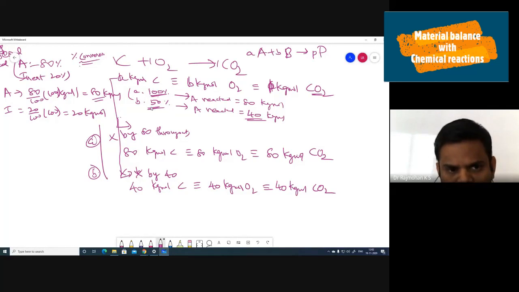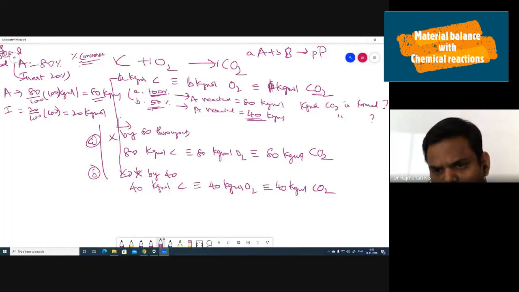Now, if the question is how many kg mole of CO2 is formed, we can leave it here. But if it is asked how many kg of CO2 is formed, what do we have to do?